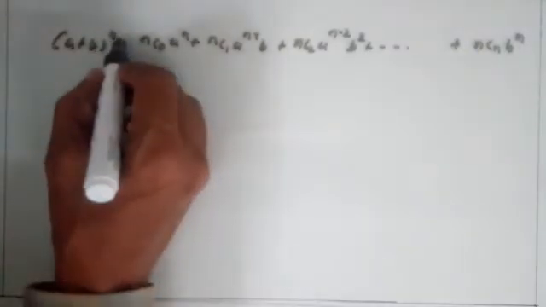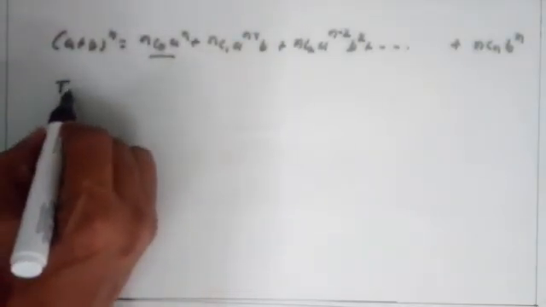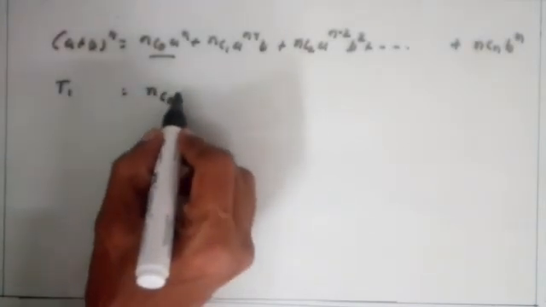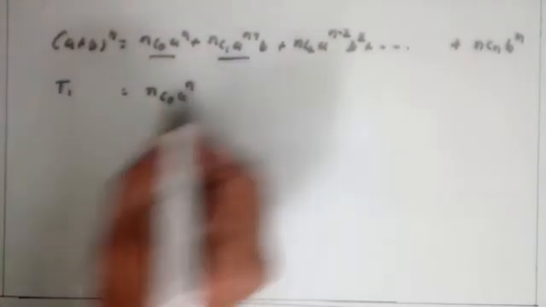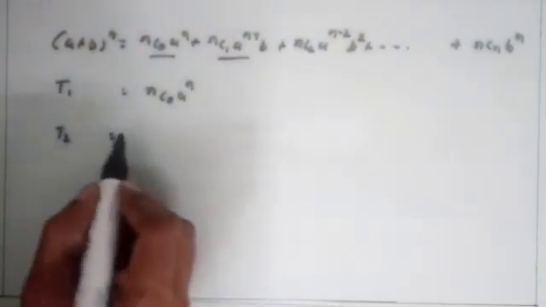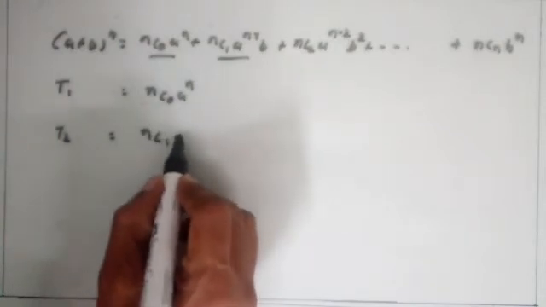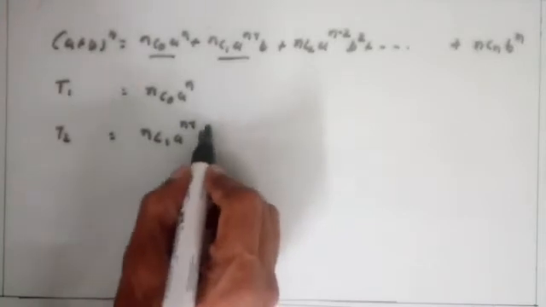Now look here. First term t1 is equal to nC0 a^n. Second term t2 is equal to nC1 a^(n-1) b^1.